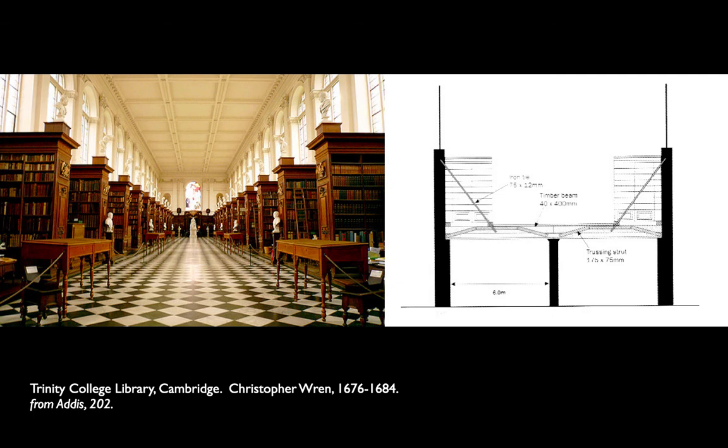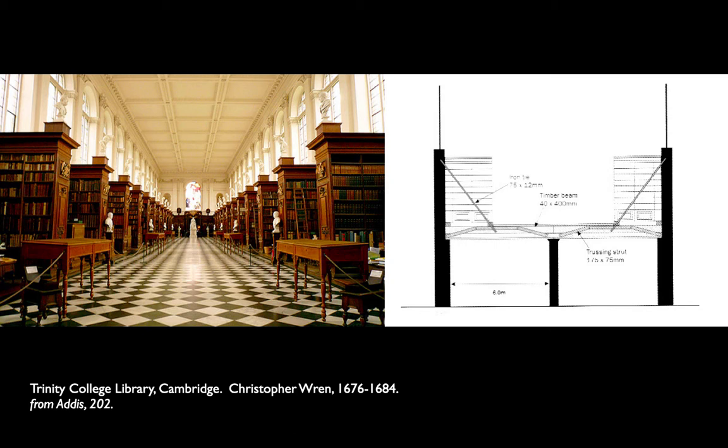And interestingly enough, it's Christopher Wren who pushes wrought iron especially into becoming a construction material. This is a library that he does for Trinity College in the late 1700s, and all of those heavy books are sitting on a relatively lightweight floor that, as you can see, is supported by concealed wrought iron rods that run from the masonry walls down to the floor, holding up the floor, disguised though in the bookcases.